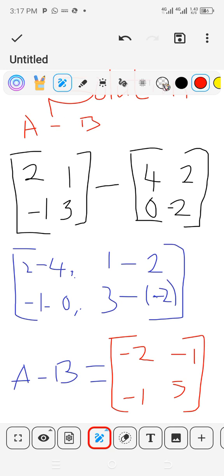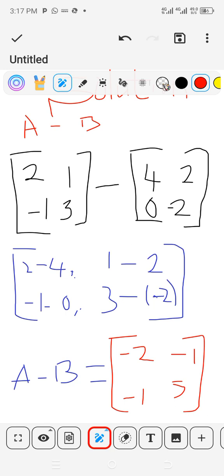Then you perform the operation by taking the first number of the first row in matrix A minus the first number of the first row in matrix B. That is, we have 2 minus 4, and we also have 1 minus 2.